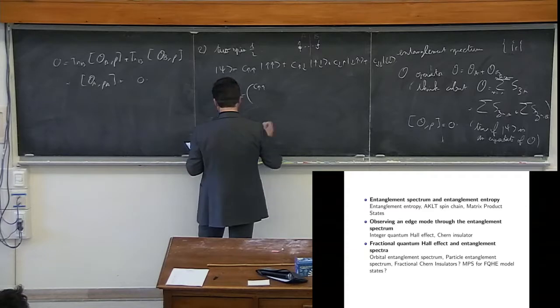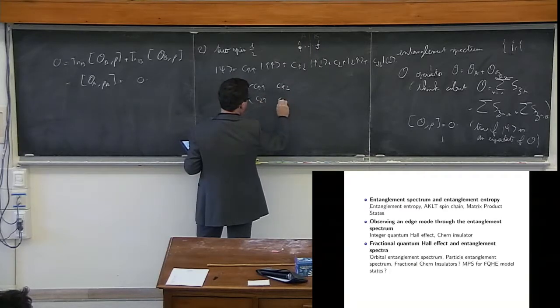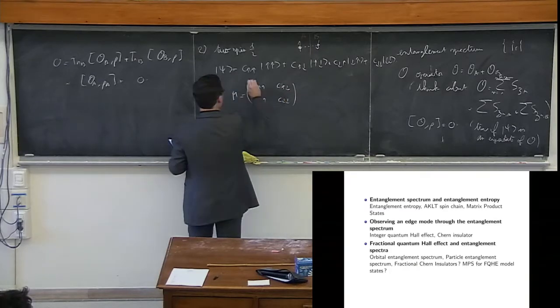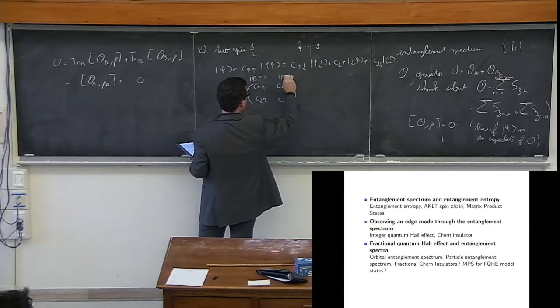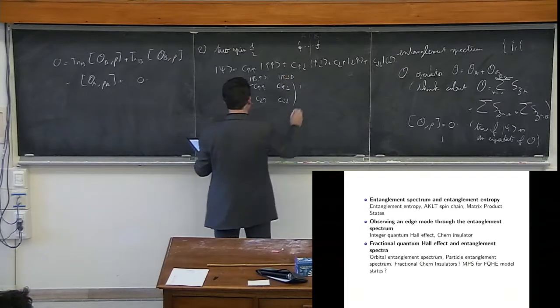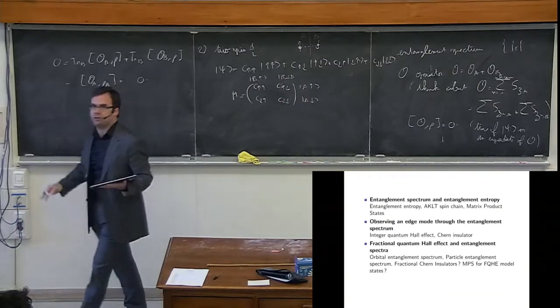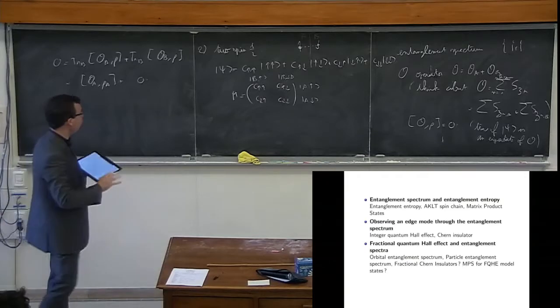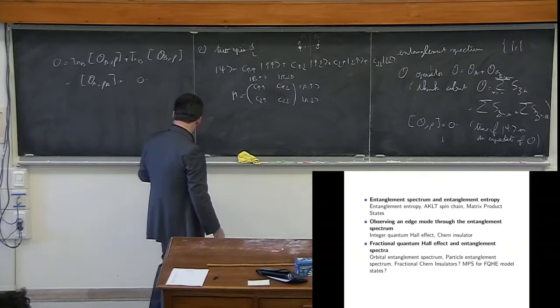So it will give me C up-up, C up-down, C down-up, C down-down. Now this is the entry for B up, this is the entry for B down, this is the entry for A up, and the entry for A down. Now I've done nothing really spectacular. It's just rewriting this information into the entanglement matrix.